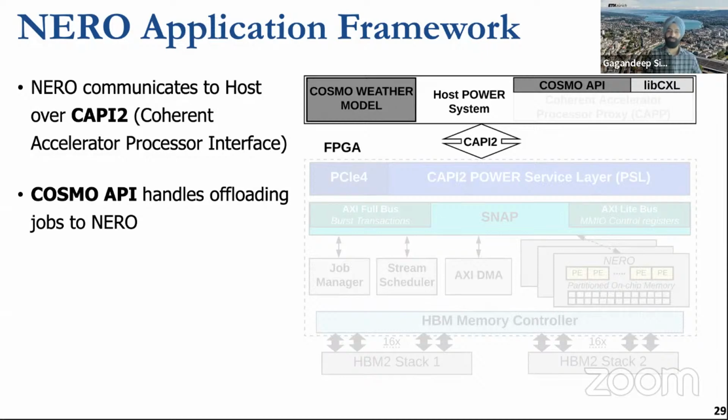This allows us to have minimum CPU usage during the FPGA operation, so the CPU can keep working on something else. Meanwhile, the FPGA does the processing of the offloaded workloads.